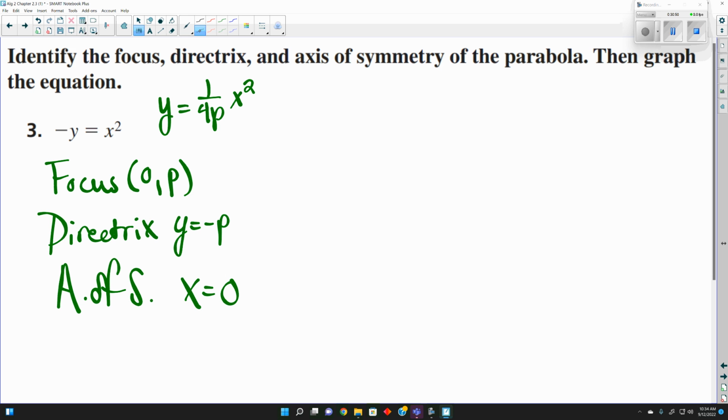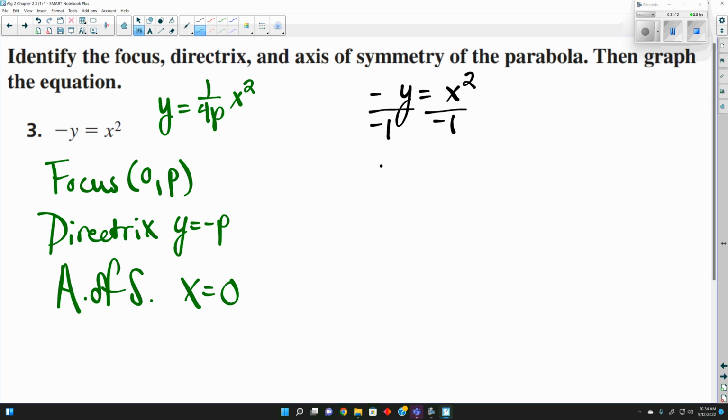Is our starting equation in the correct form? What's wrong with it? Negative y. We need the y to be positive. We can either divide both sides by negative 1, or multiply both sides by negative 1.